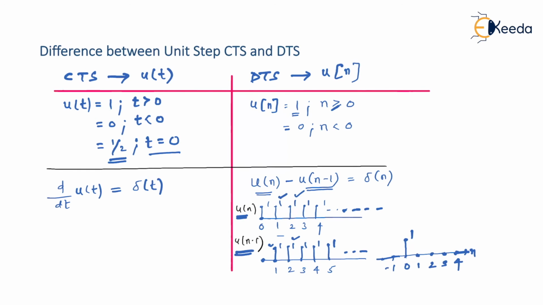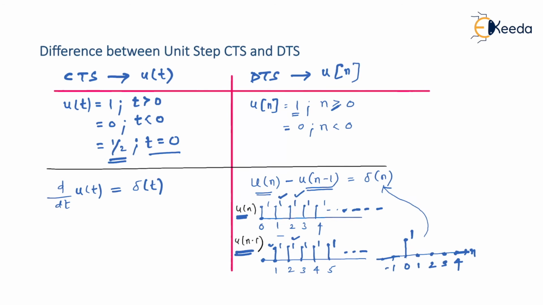Looking at this graphical representation, one can easily say this is nothing but the del of n signal. So u of n minus u of n minus 1 gives you del of n in discrete time domain, whereas in continuous time domain, only if you take the derivative of u of t will you get the del of t signal. I'm sure now you got the clear-cut difference between the unit step signal in continuous time domain and in discrete time domain.